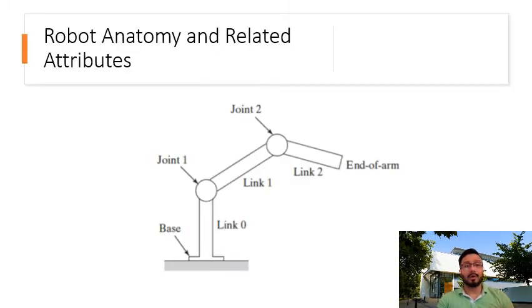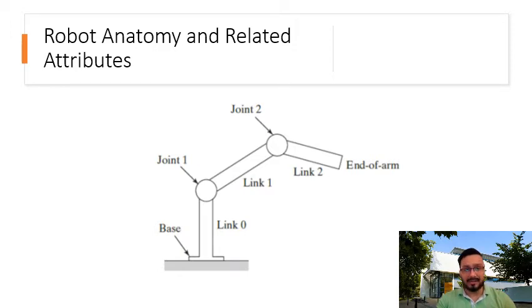The arm or manipulator of an industrial robot consists of a series of joints and links. Robot anatomy is concerned with the types and size of the joints and links and other aspects of the manipulator's physical construction. The robot anatomy affects its capabilities and the task for which it is best suited.